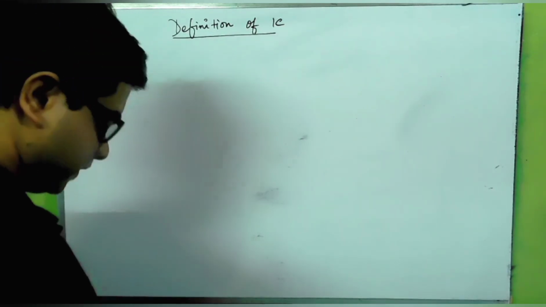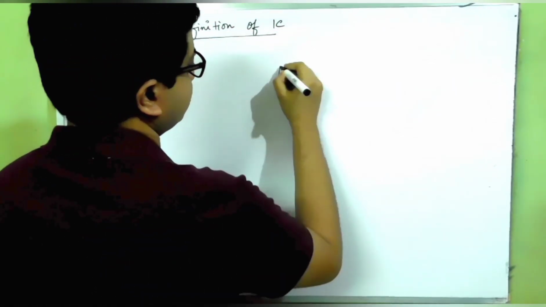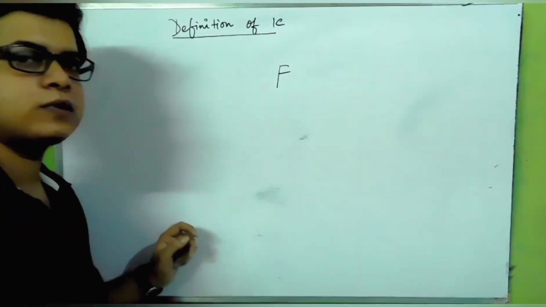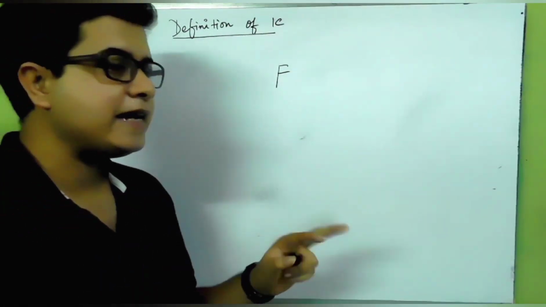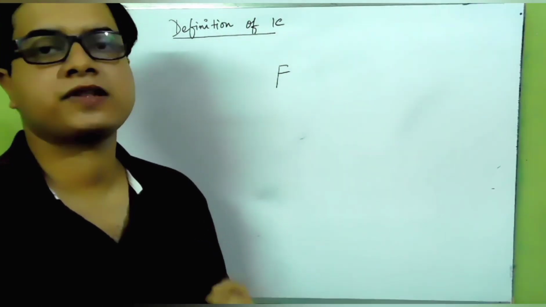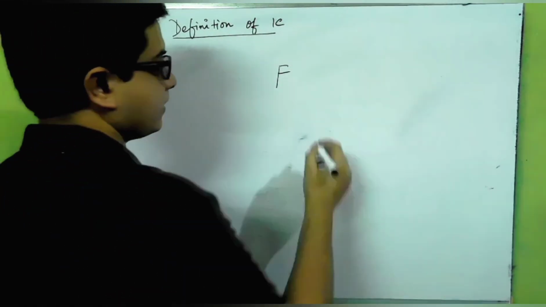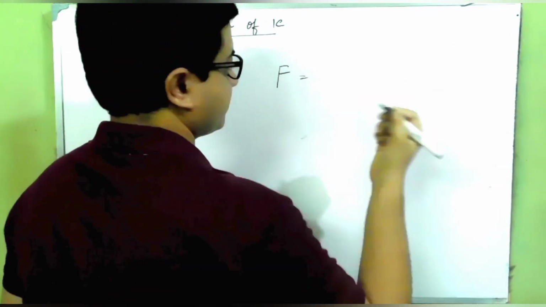Okay, so for doing so, I am going to write the formal equation of Coulomb's law. You know that Coulomb's law states that any two point charge particles will exert an amount of electrostatic force upon each other when they are separated by a distance of say r.